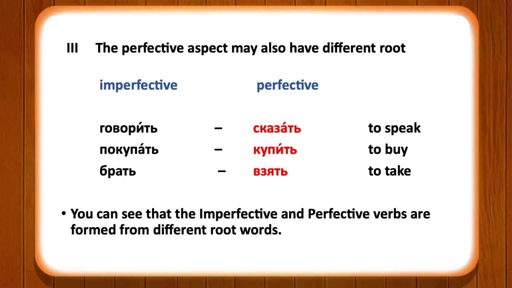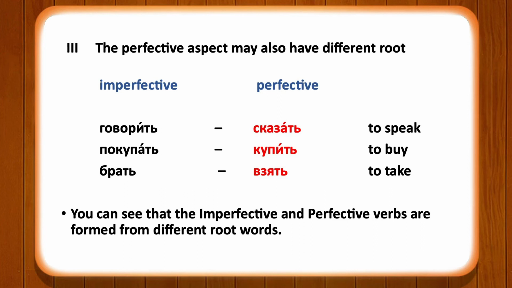We can take one more example. The verb brach. Brach means to take. It is an imperfective aspect verb. The perfective aspect verb is vzять. Brach, vzять. Here also the perfective aspect differs from the imperfective aspect verb by having a different root.